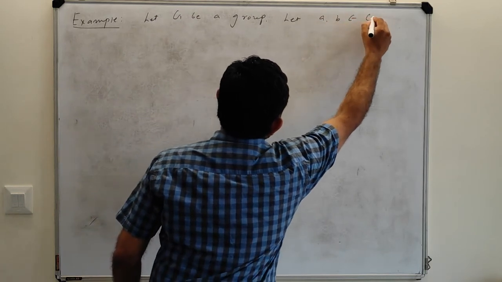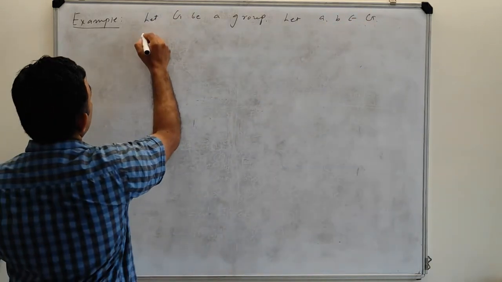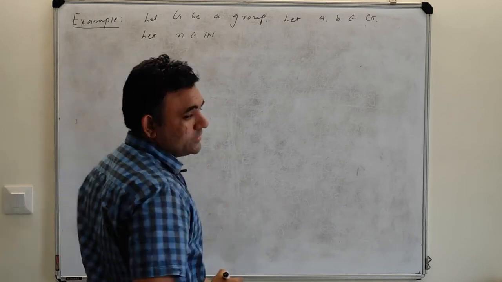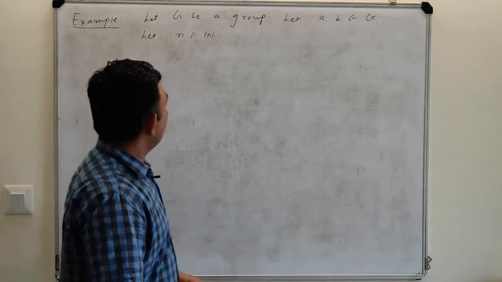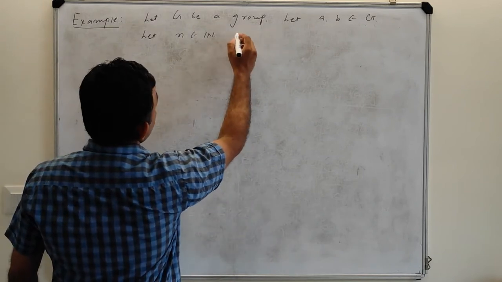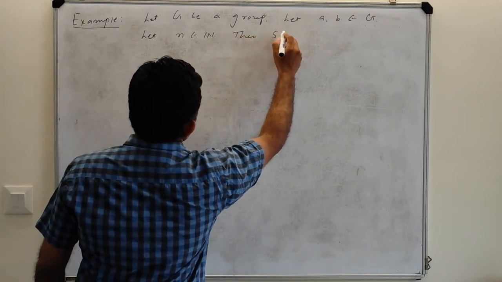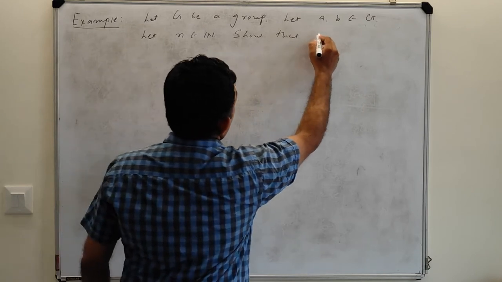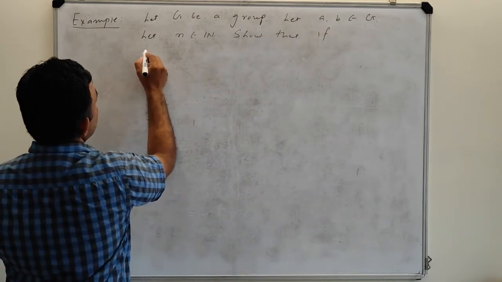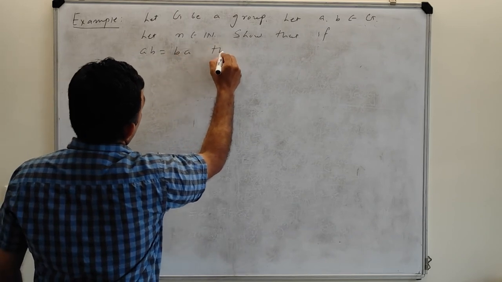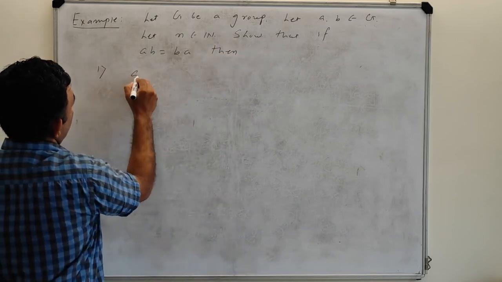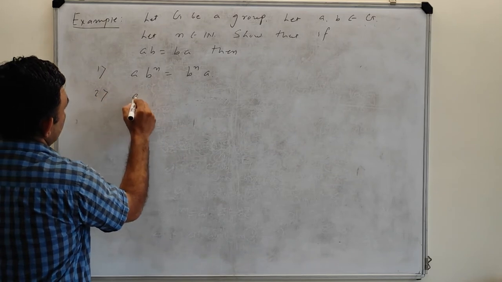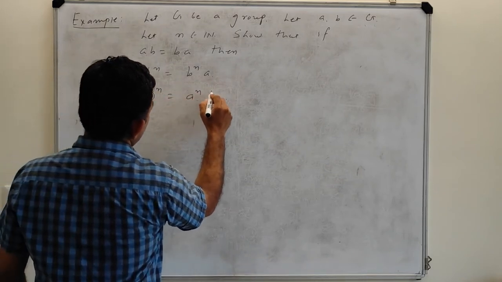Let a and b be two elements of G. Let n be a positive integer, n belongs to N. Then, if ab is equal to ba, then first thing, (ab) raised to n is equal to b raised to n into a, and second thing, (ab) raised to n is equal to a raised to n, b raised to n.